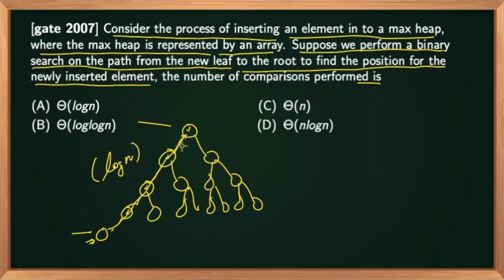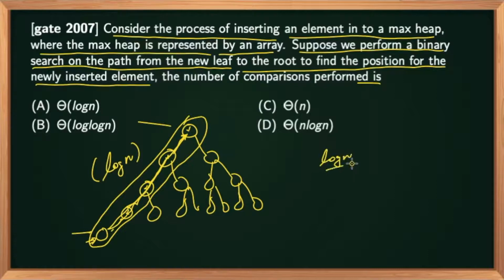One more thing you should understand is that if you take all the elements in this path in a max heap, then that will be a sorted array. If you assume only the elements here, you can see that these elements will be a sorted array. Now that array will have log n elements.